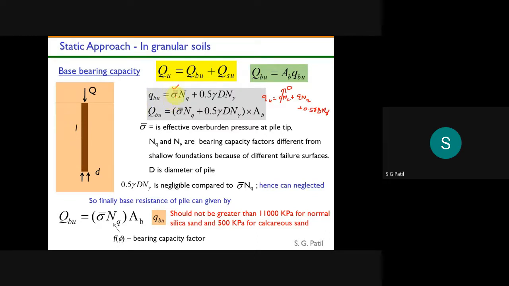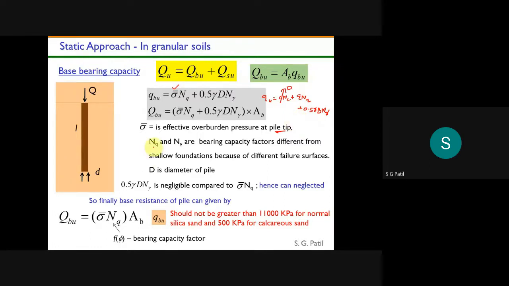Anyway, the sigma bar is the effective overburden pressure at the pile tip. And these Nq and N gamma are the bearing capacity factors. They are a little different from your shallow foundations because of different shape factors and depth factors.